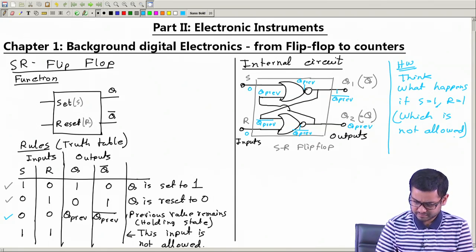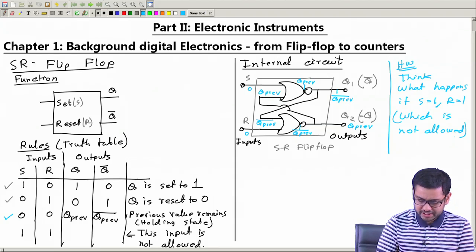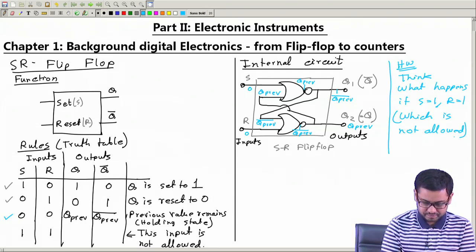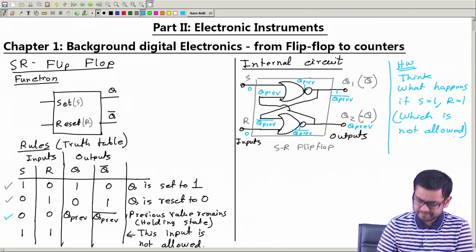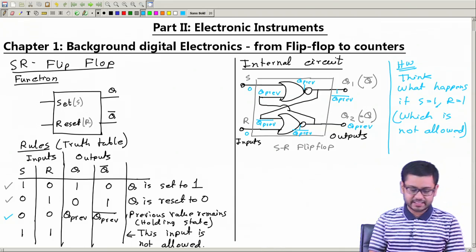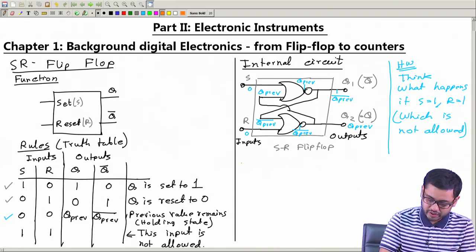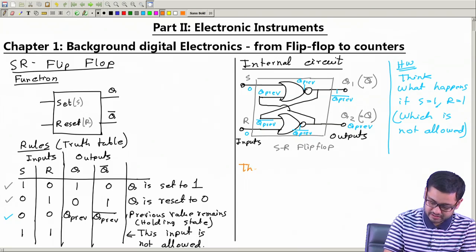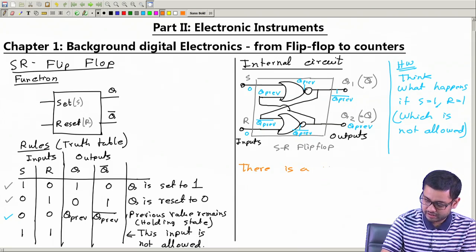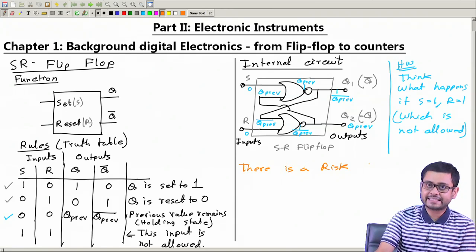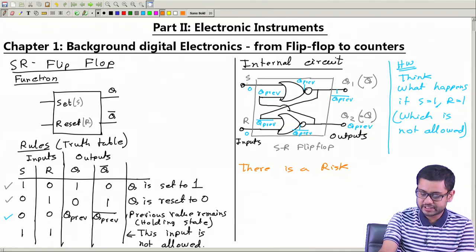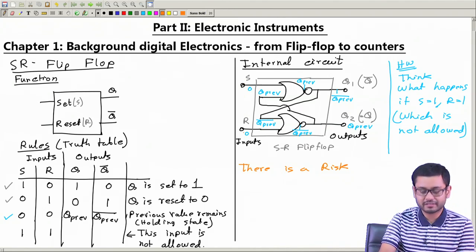Okay, great. So, this is all about SR flip flop. Now, what do we see? We see that there is a risk that one may accidentally make both set and reset equal to 1.